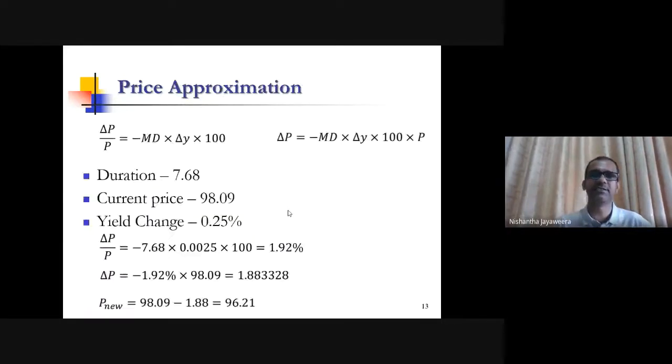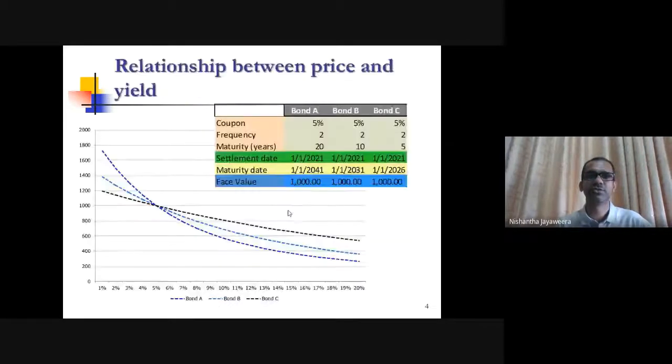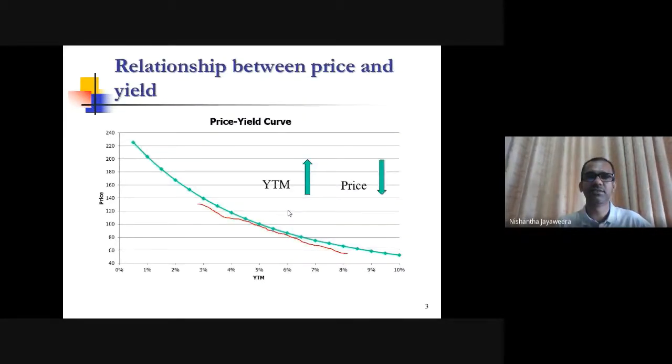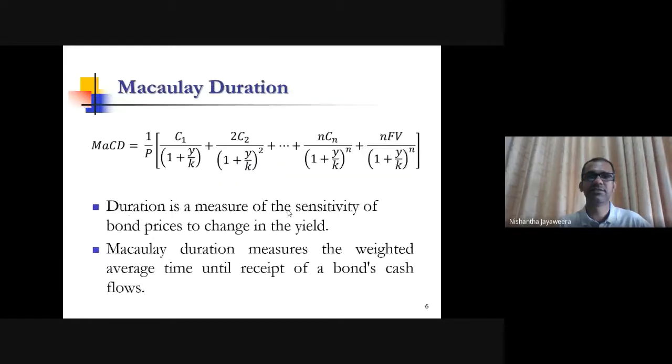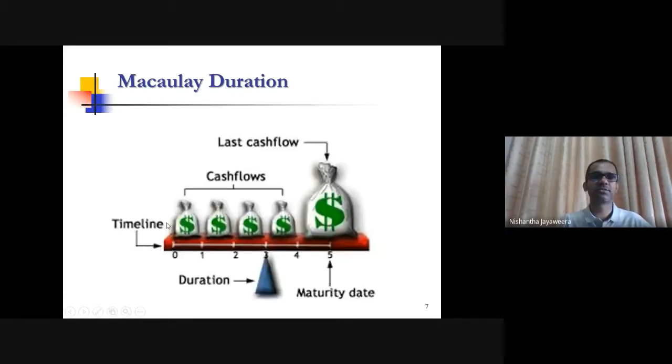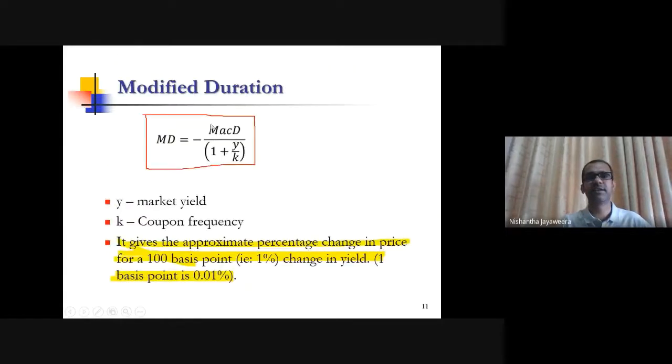Then it comes to this equation, again divided by 1 plus y over k. That's why modified duration is defined as this.